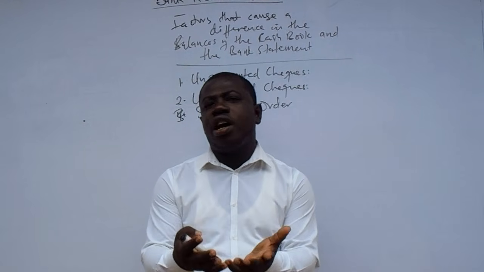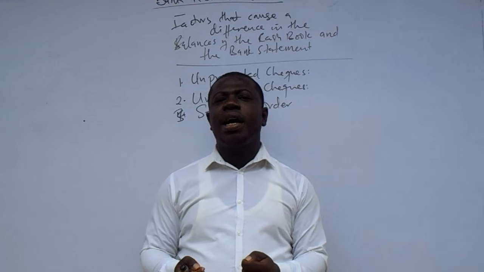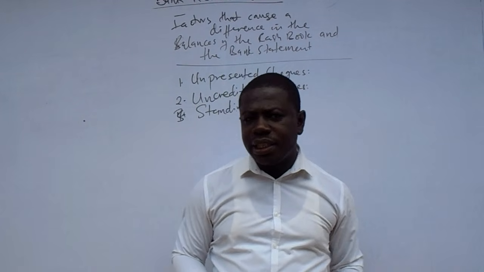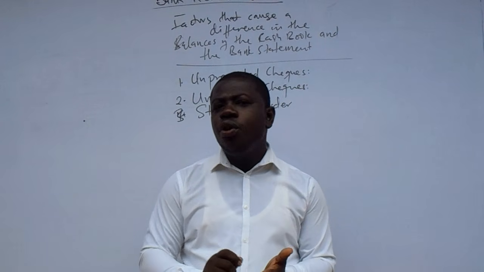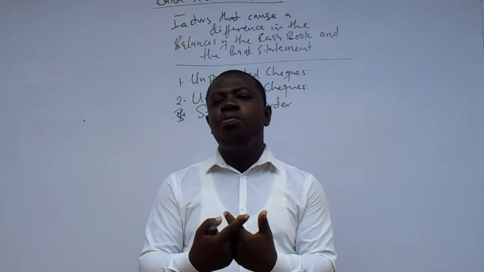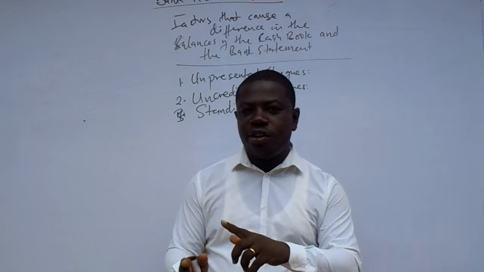And so you can instruct your bankers to pay your electricity bills for you. You can instruct your bankers to pay your creditors at a regular interval, depending on the percentage that you negotiate. And so once you write any note of authority to the bank, then you ask them to be paying some expenses on your behalf. We call that a standing order payment.